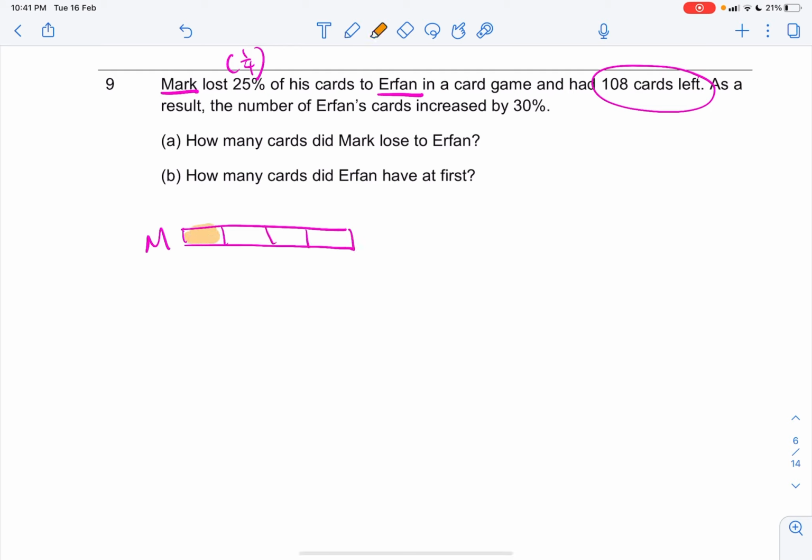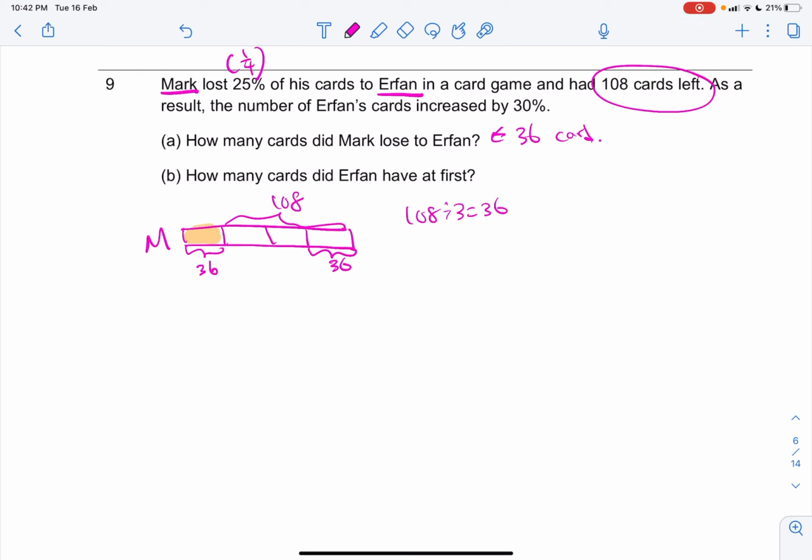After he lost 1/4 of his cards, he had 108 cards left. So we know 1 unit is 108 divided by 3, which is 36. So Mark lost 36 cards to Irfan. So this is 36 cards.